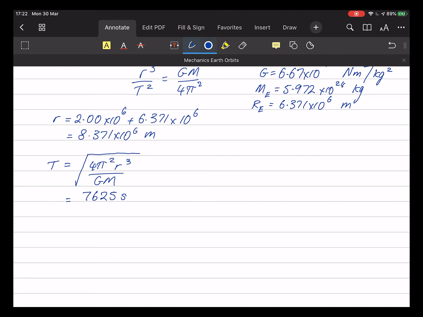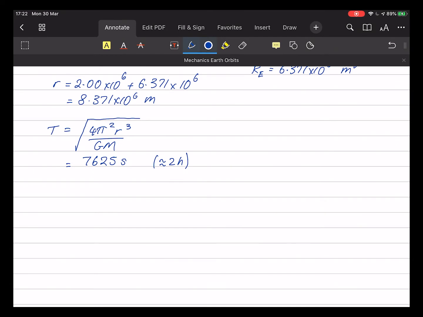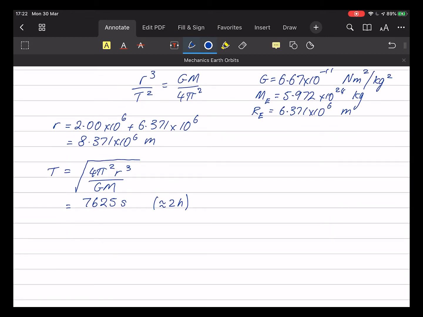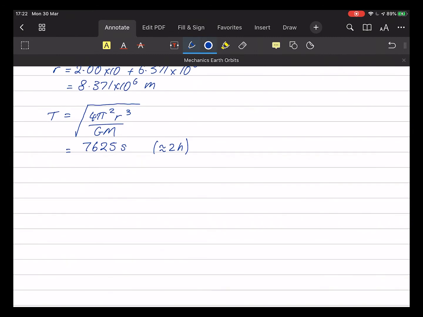That's about, is it just over 2 hours? It's about 2 hours by the look of that. So these things rip around the Earth at this orbit once every 2 hours. And if they're in the lower Earth orbit, of course, it's less than that. So quite quickly.